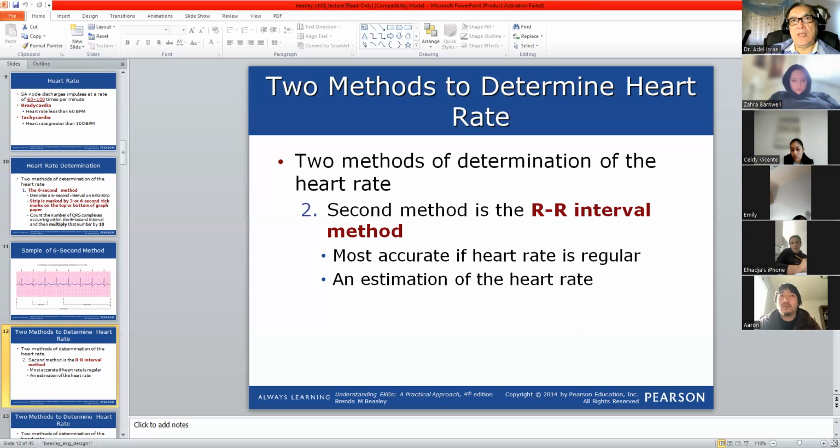The second method is to count how many big squares between R and R, and divide 300 by this number. The third method is to count how many small squares between R and R, and we divide 1500 by it. And we explained before where we get 300 big squares and where we get 1500 small squares.